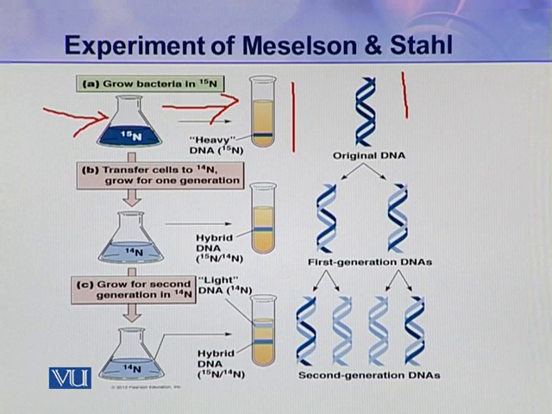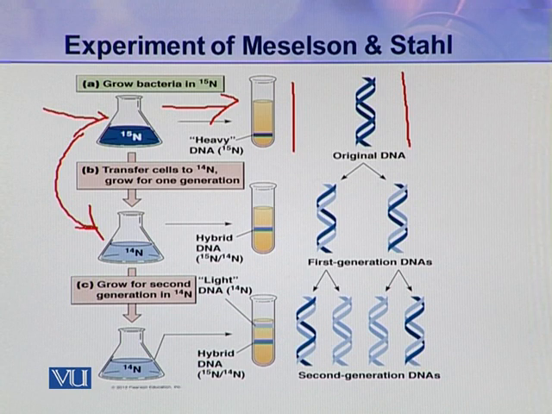Here you can see the DNA which contained N15, and there was no nitrogen containing N14. After growing the cells in this medium, they switched the cells to a normal medium, which contained N14, normal nitrogen.